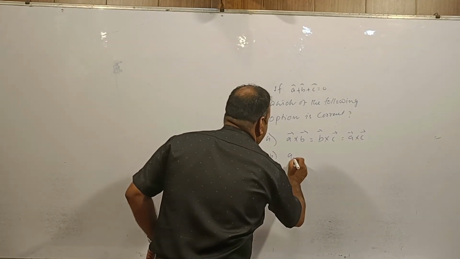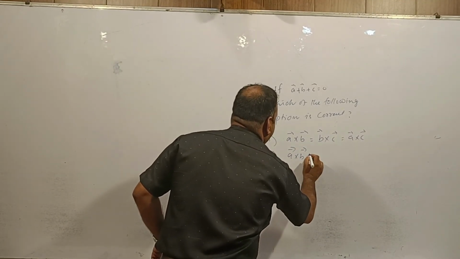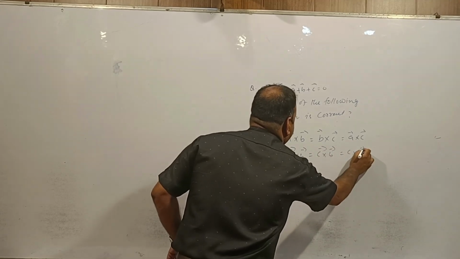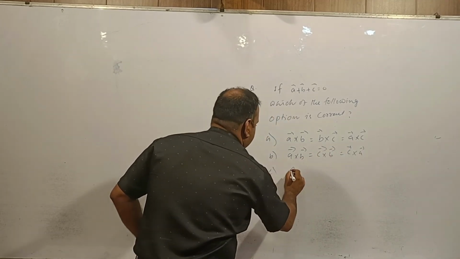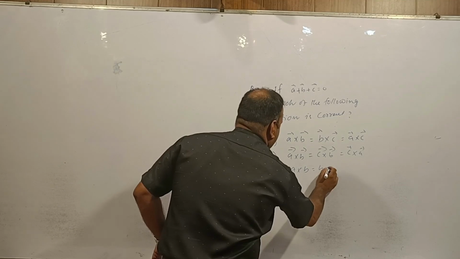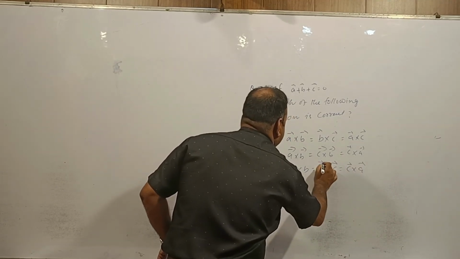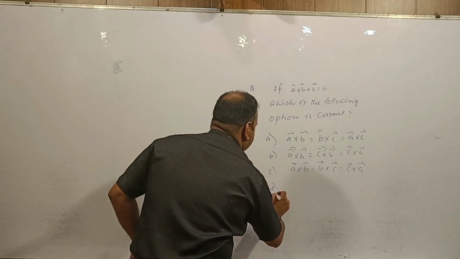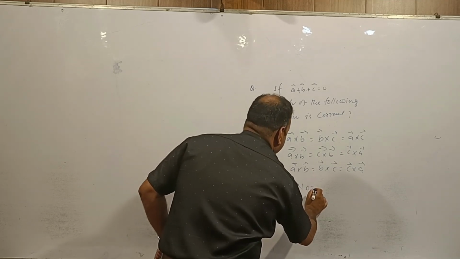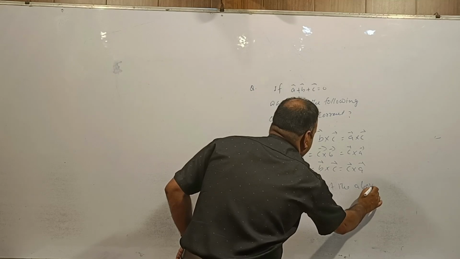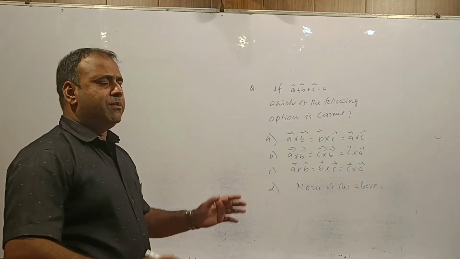And B cross C is equal to C cross A. And I am writing here none of the above.